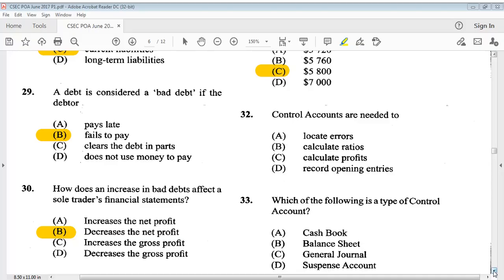We know the answer would be A, locate errors. So control accounts are needed to locate errors. And if you recall, the main uses of control accounts, we know one, to help prevent or detect errors in the books. So that's how we selected the answer A.